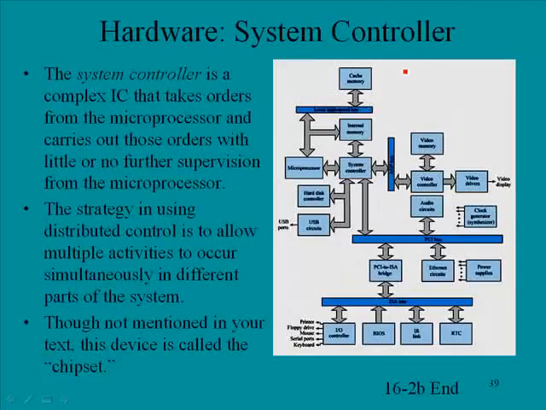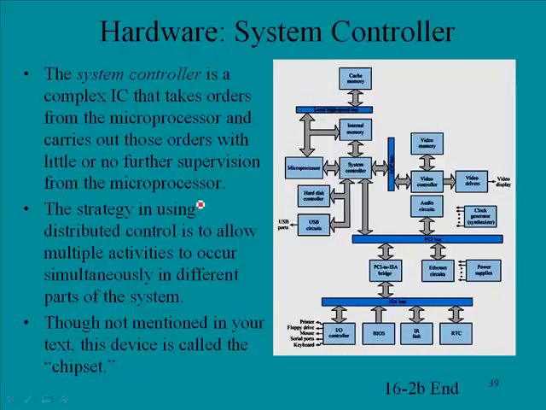Okay, system controller. The system controller is a complex IC, we're talking about this one right here, that takes orders from the microprocessor and carries out those orders with little or no further supervision from the microprocessor. So you see the microprocessor interfaces directly with this thing we call the system controller, and it also interfaces directly with memory.